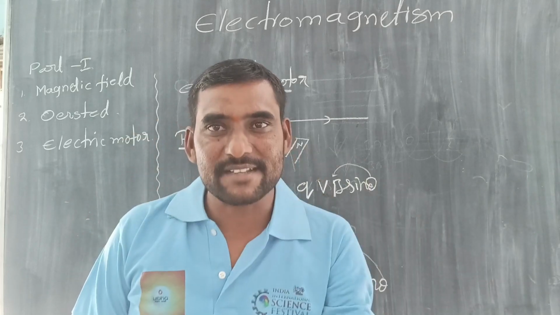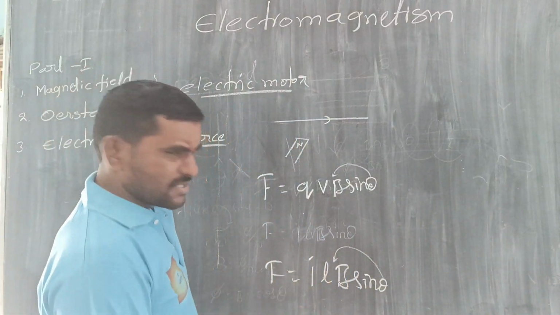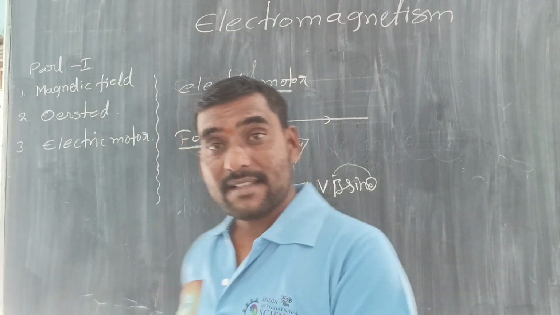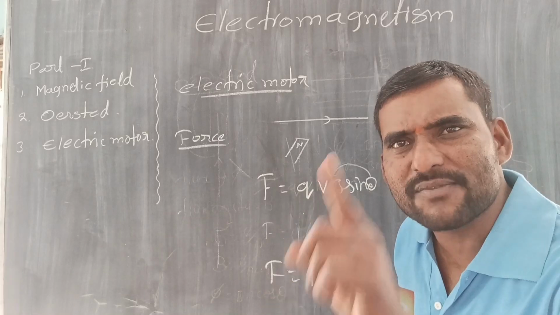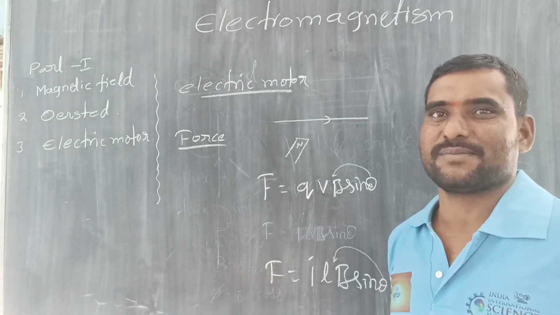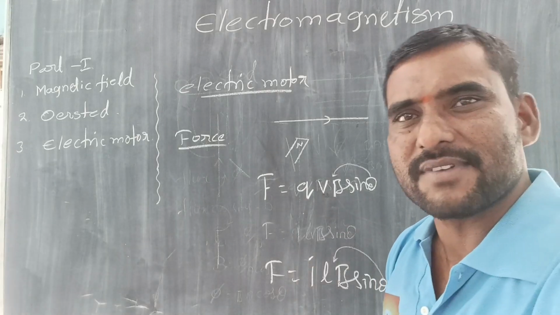Only when the charge is moving will a magnetic field form. Here also it is the same. The force direction we can find with the help of Fleming's left hand rule. This question may be asked in the examination, so I will give one question.